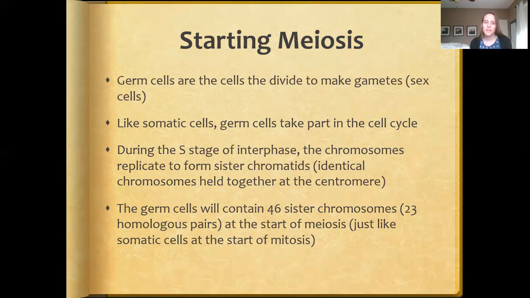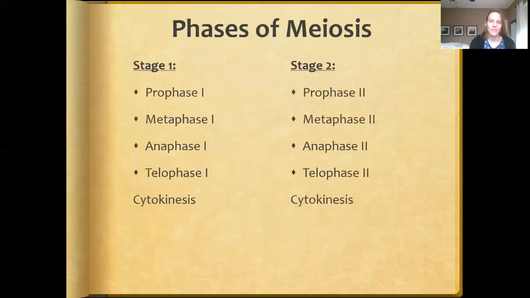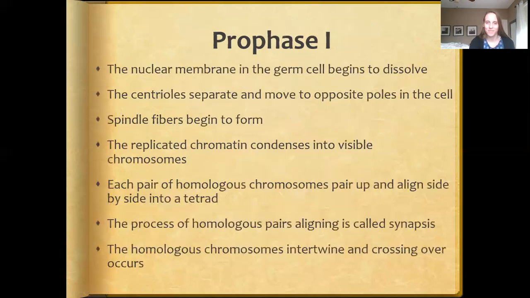And at that point, the germ cells will have 46 sister chromosomes. And then we'll go through stage 1, so that is prophase 1, metaphase 1, anaphase 1, telophase 1, and cytokinesis. And then it'll go into stage 2, prophase 2, metaphase 2, anaphase 2, telophase 2, and then cytokinesis again.